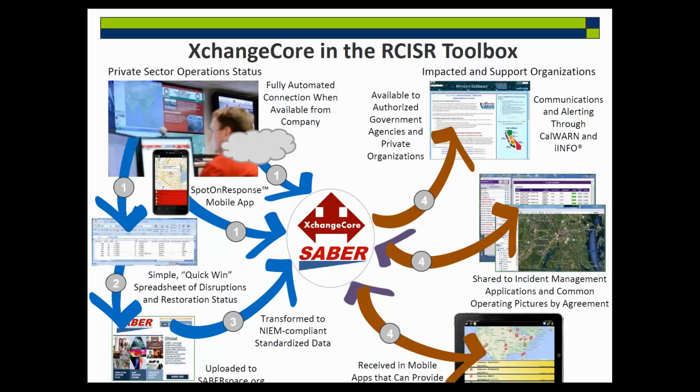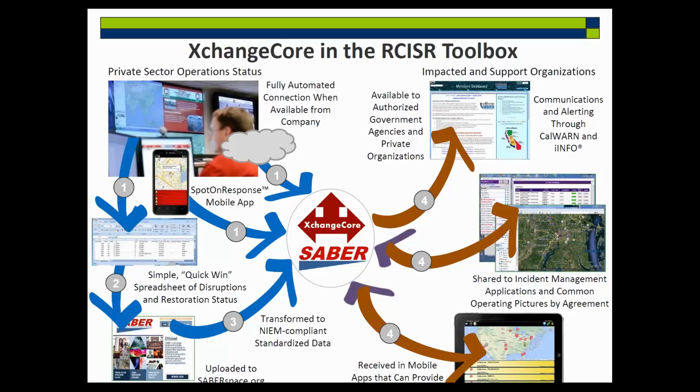What happens then for local government water companies that are getting that information from San Jose through XchangeCore into CalWarn and iInfo is that, using iInfo, they will be able to say, hey, these 6 leaks, I'm sending 2 teams out and we're going to take care of these 6 leaks.